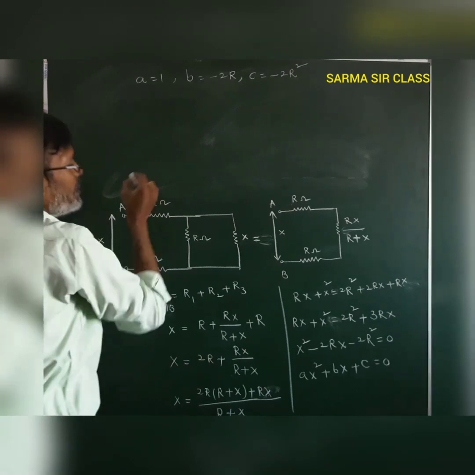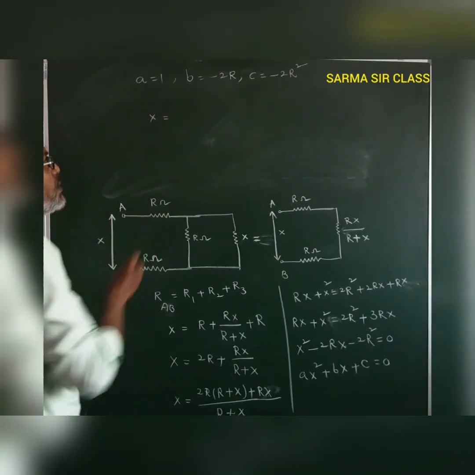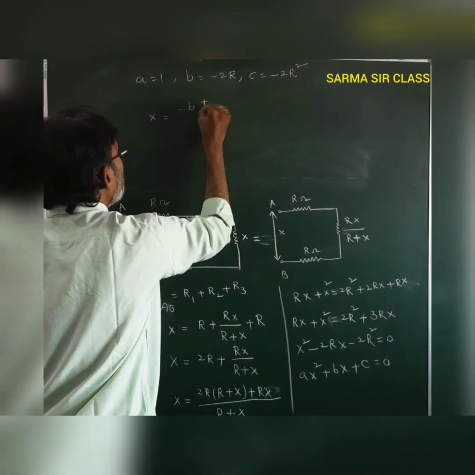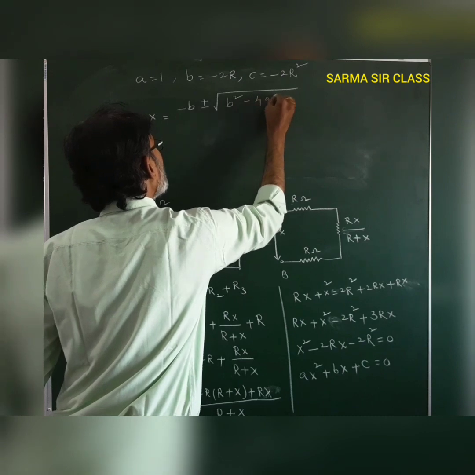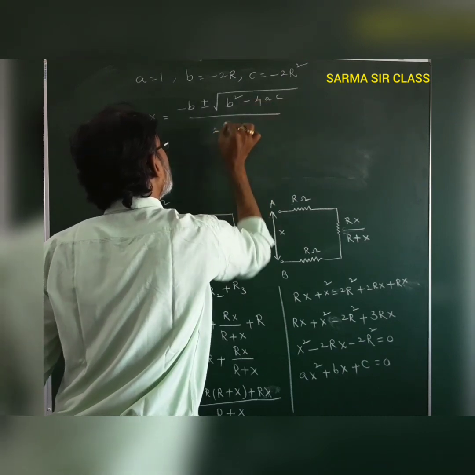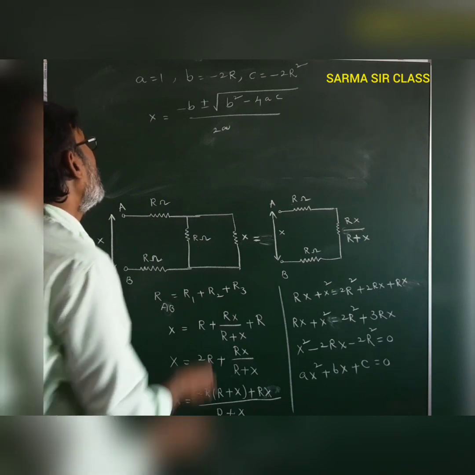Okay, and now apply the quadratic equation. Here I need to solve for the X value. X is equal to minus b plus or minus root over b square minus 4ac by 2a.